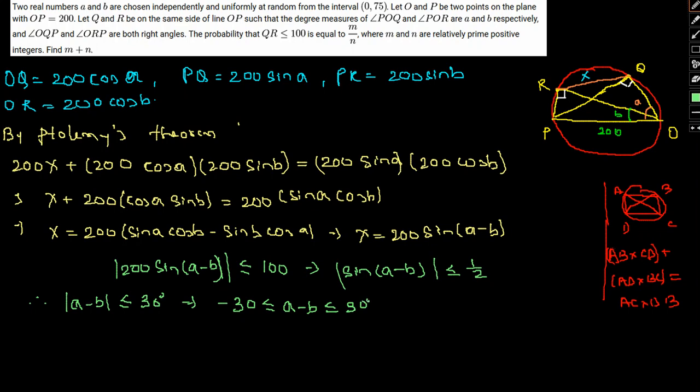If we now take a look at this by simple geometric probability, we can also write this with plus 180. So I'm going to add 180 to this, so 150 B minus A or A minus B, whatever form we write, is an absolute value anyway, less than or equal to 30.